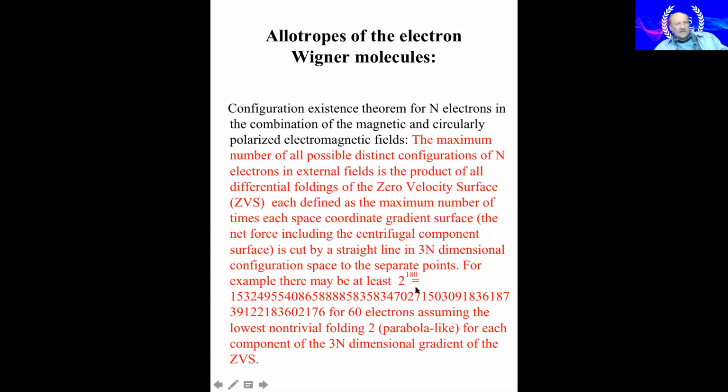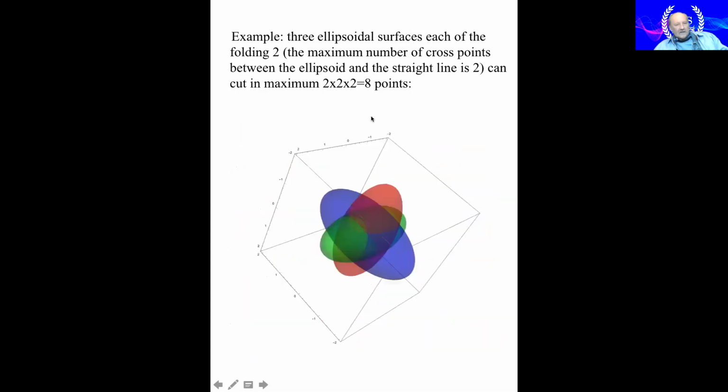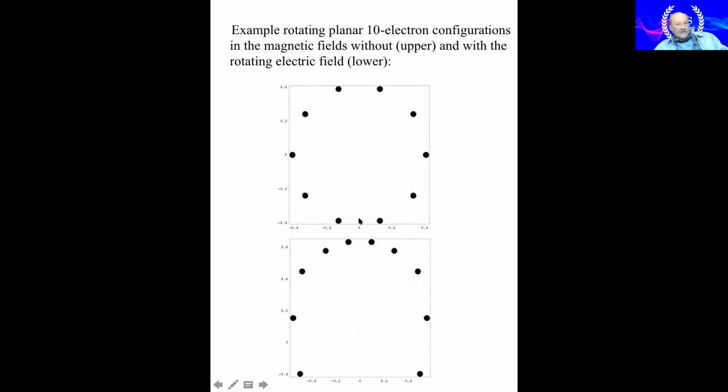For example, for 60 electrons, you have 180. And here is an example of the 3 ellipsoids. When the 3 ellipsoids are crossing with the zero velocity surfaces, there are 8 crossing points between 3 ellipsoids.